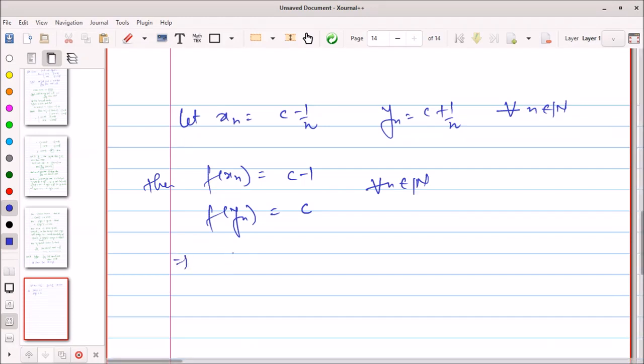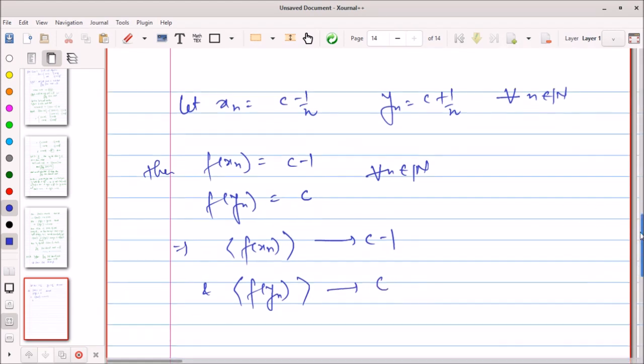So this implies f(xn) is a constant sequence c minus 1, so it converges to c minus 1, and f(yn) is a constant sequence which converges to c.